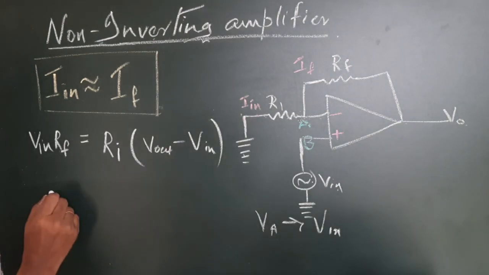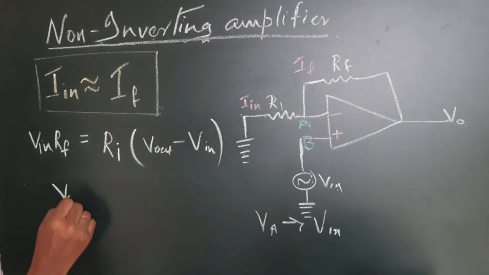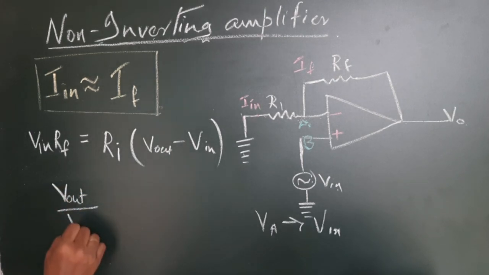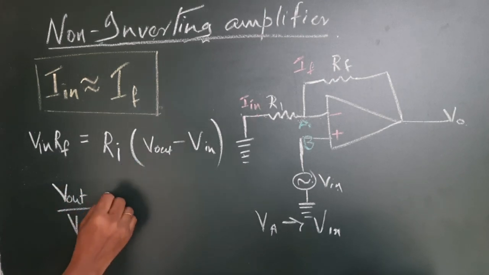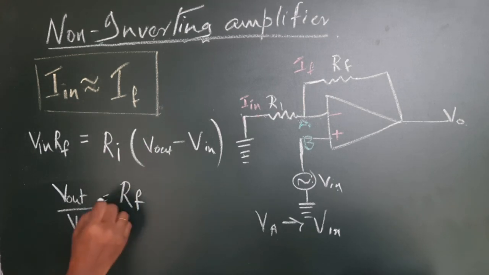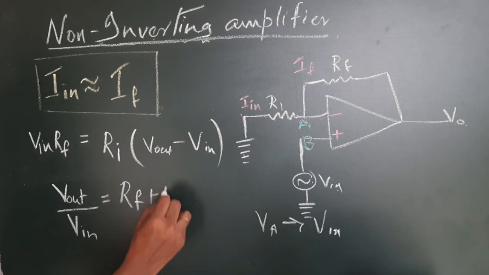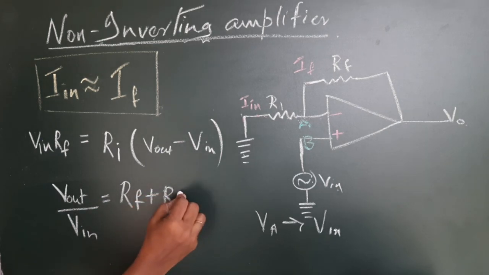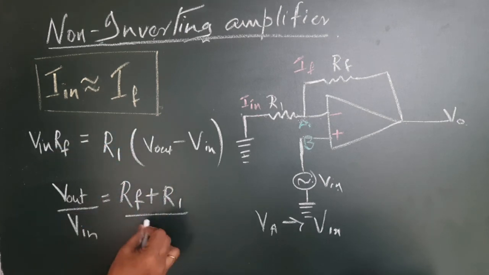Now on rearranging this again, we will get V out by V in. So rearrange it, then you will get RF plus R1 by R1.